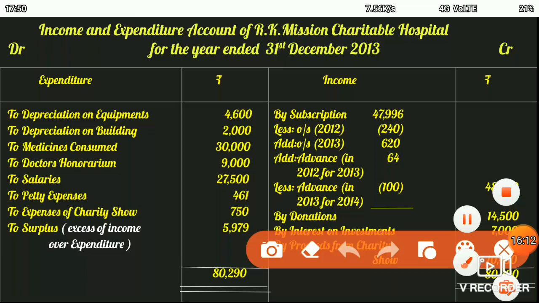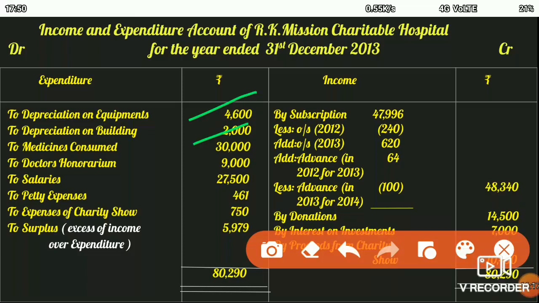We have entered equipments, depreciation of building, then consumption of medicines, then doctor's honorarium: to doctor's honorarium 9,000, to salaries 27,500, to petty expenses 461, to expenses on charity show 750. When we take the total incomes and the total expenditure, we find that the incomes are more than the expenditure.